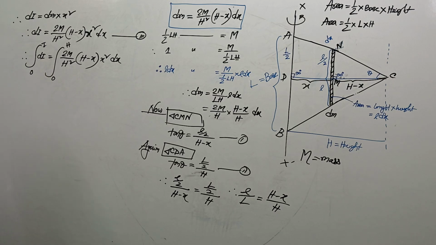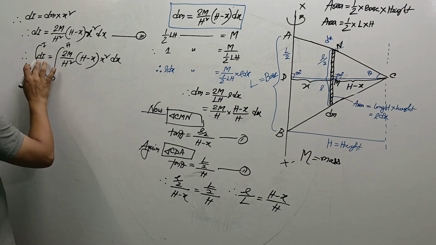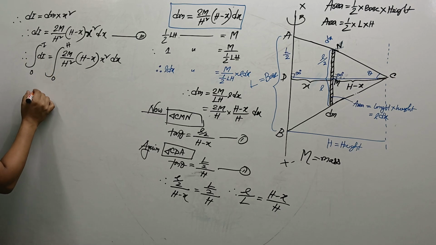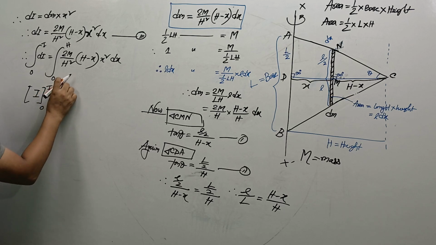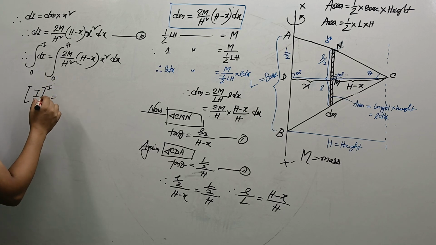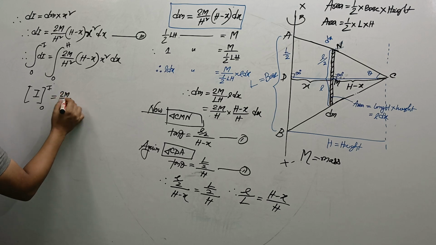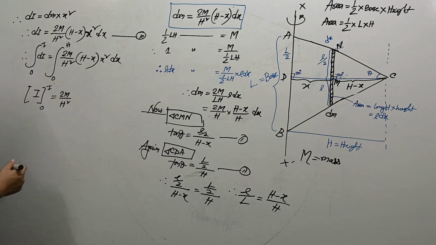Okay, my dear student, we know the integration of dI will be I. After integrating, we use the limits 0 to I, equal to 2m divided by h square, which comes out of the integration part. Now we integrate this section.